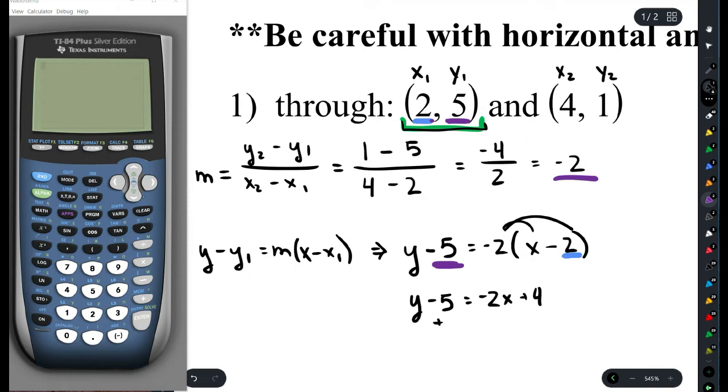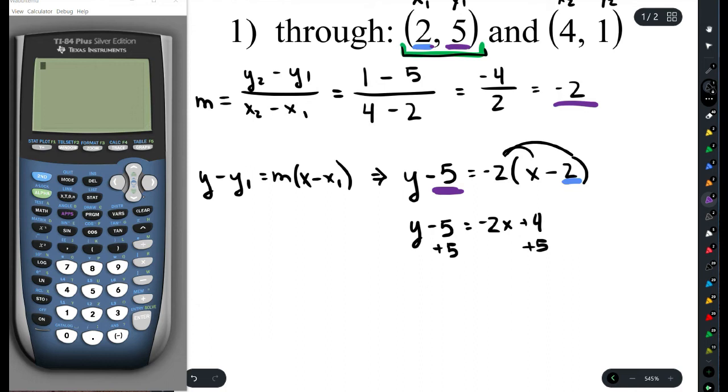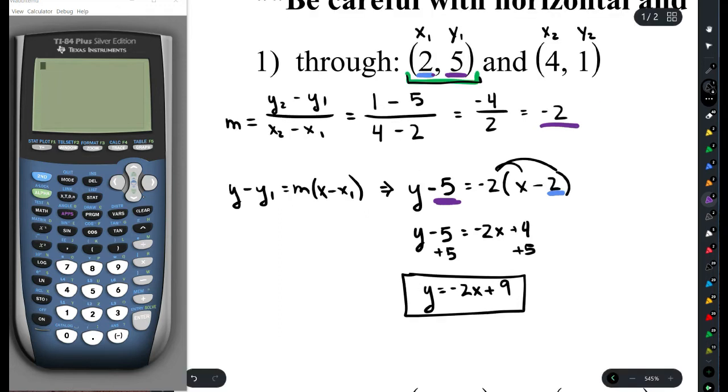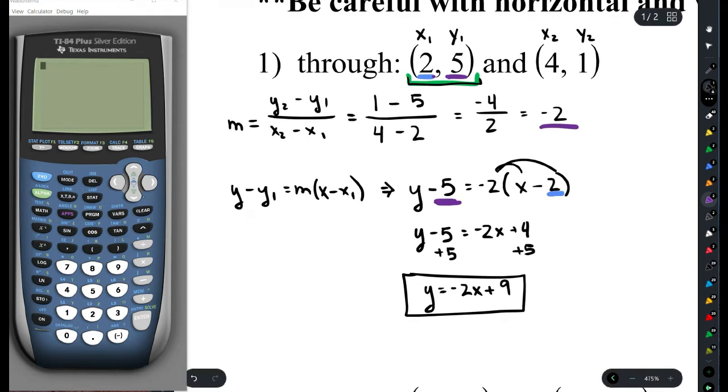Add the 5 to the other side. And we have y equals negative 2x plus 9. There it is. I know, a little bit of work, a mental workout, but hey, you did it. Great job, which means we can try some more to get even better.